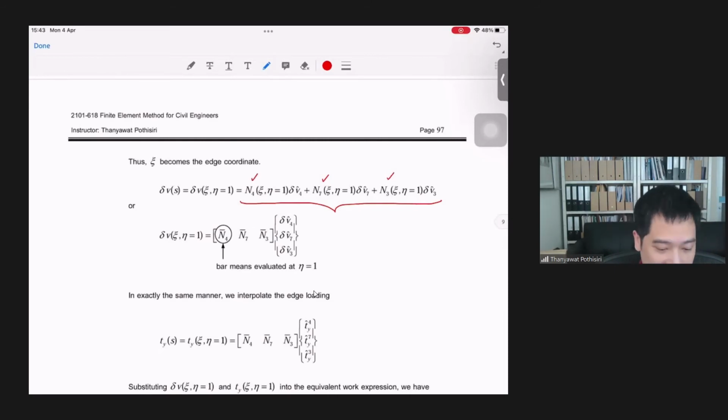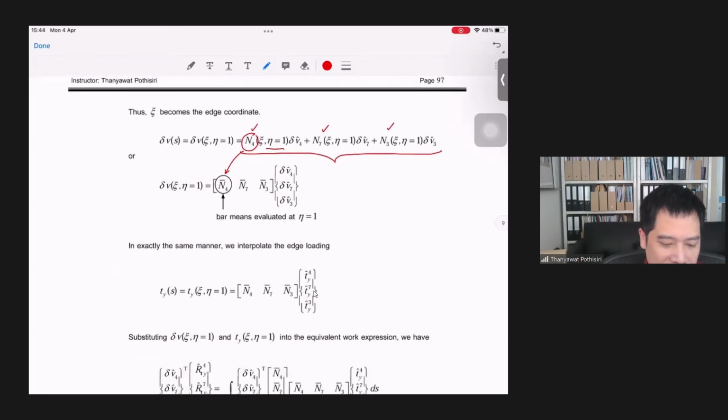You can plug in the value for these N's by having a constant eta equals 1. Let's call the value of N4 with eta equals 1 by using the symbols right here. We do the same thing for N7 and N3, so we have this bar representing the shape functions evaluated at eta equals 1.